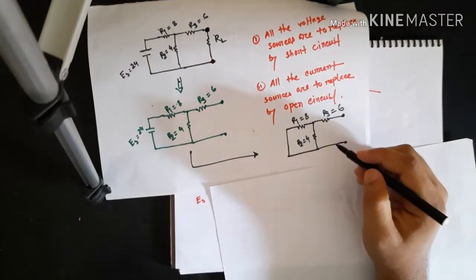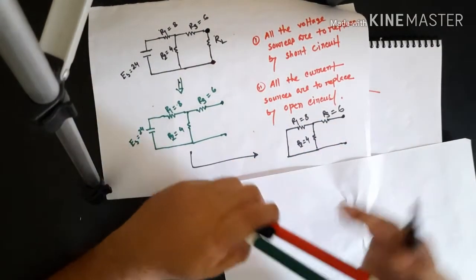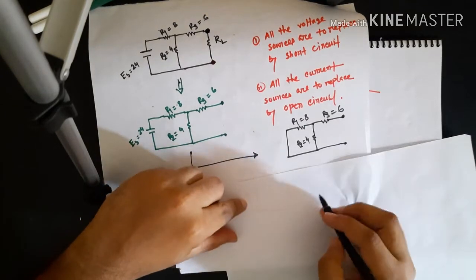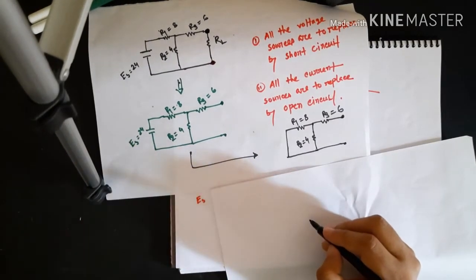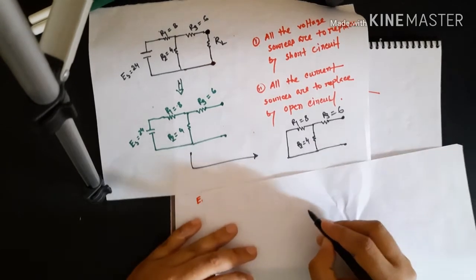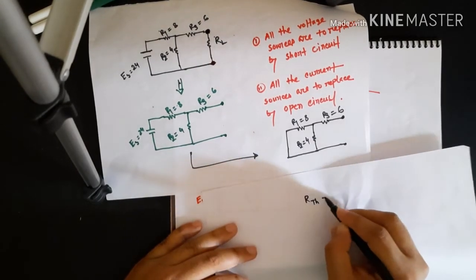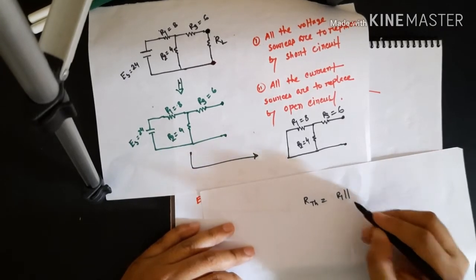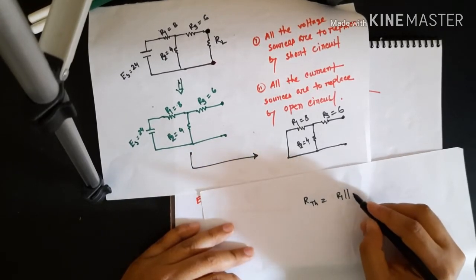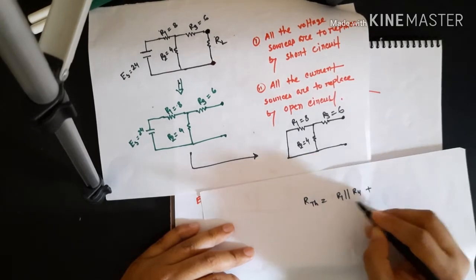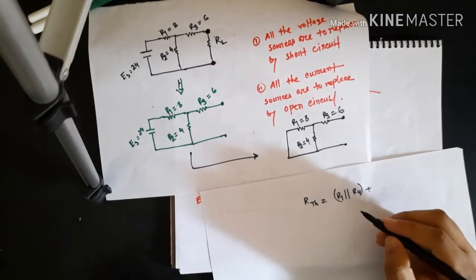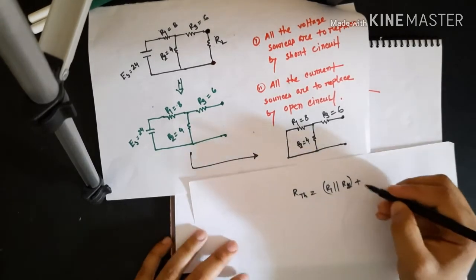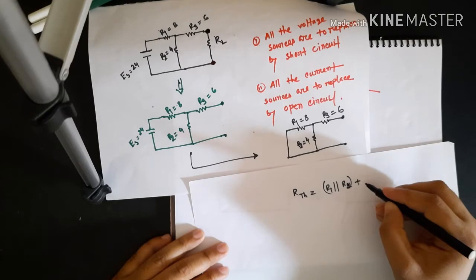Now here R1 and R2 resistances are parallel and R3 is in series with them. So the equivalent resistance R Thevenin is equal to R1 parallel R2 plus R3, which is in series with them.